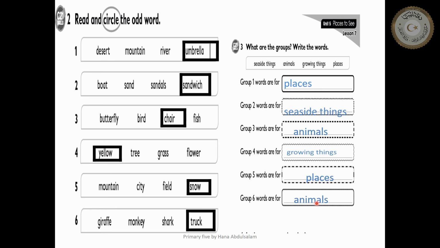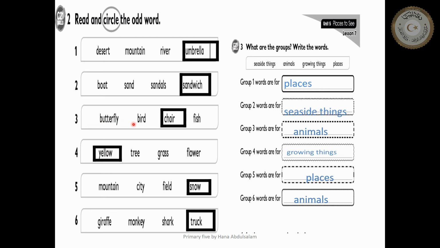So can you repeat after me? Desert, mountain, river are for places. The words boat, sand, sandals are for seaside things.